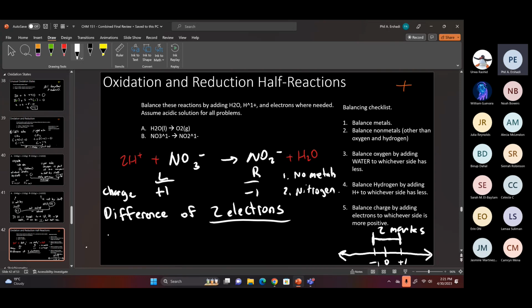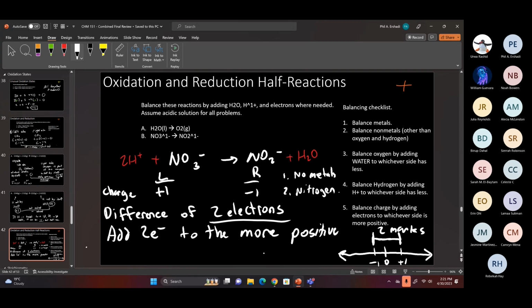So now, since we have a difference of 2 electrons, we're going to add 2 electrons to the more positive side. Because our more positive side is the left, we're going to add 2 electrons onto that side.